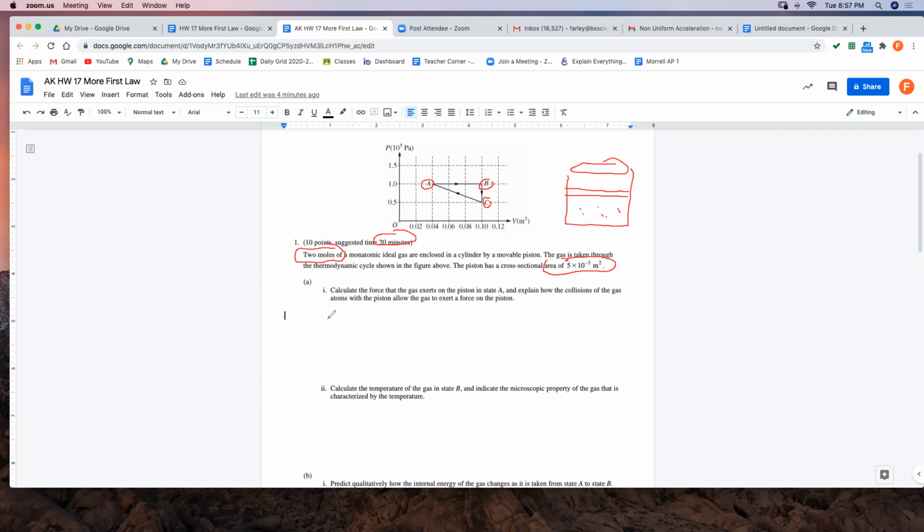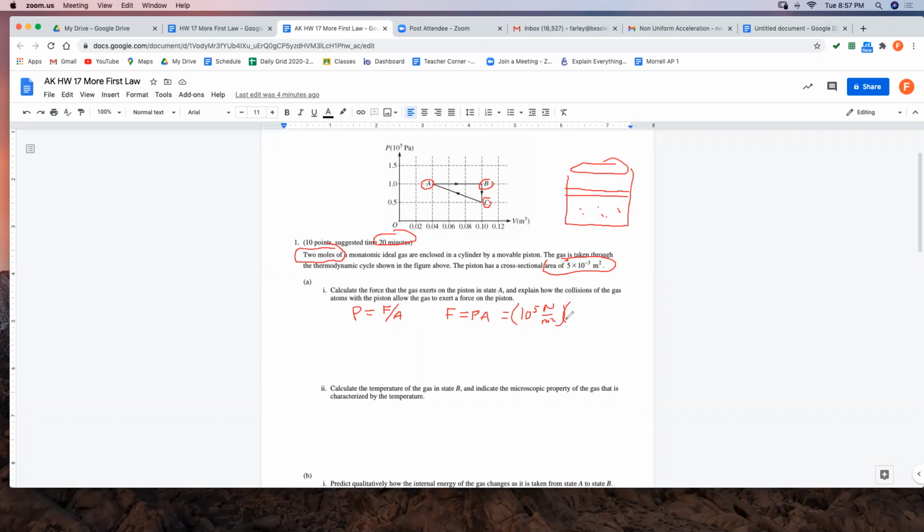All right. So first thing you want to do is we know pressure is equal to force divided by area. And so the force is just going to be equal to pressure times the area. Now, in state A, we know the pressure is 1 times 10 to the 5th pascals. So basically just 10 to the 5th newtons per meter squared, which is a pascal.